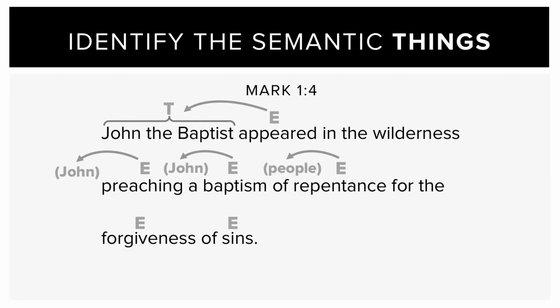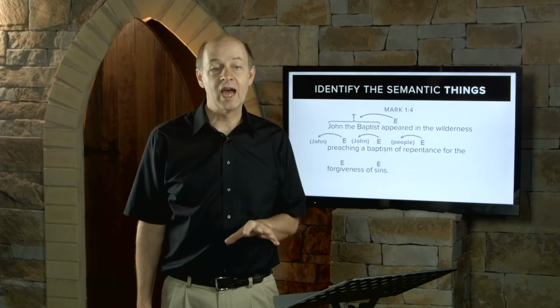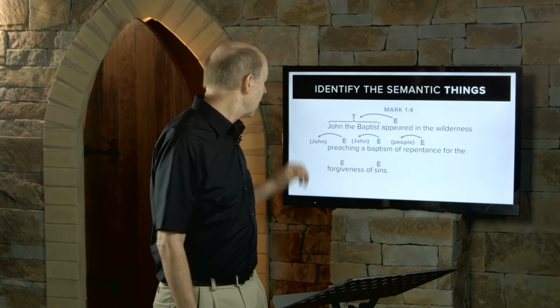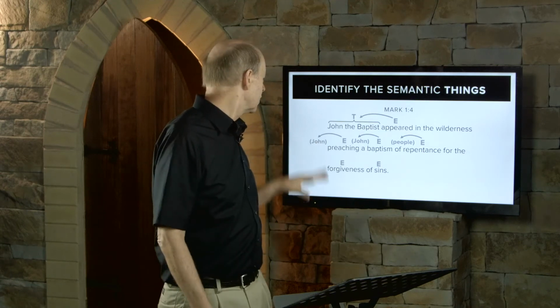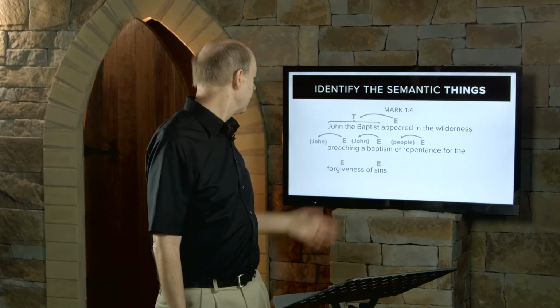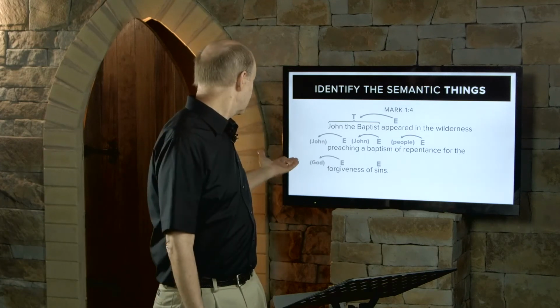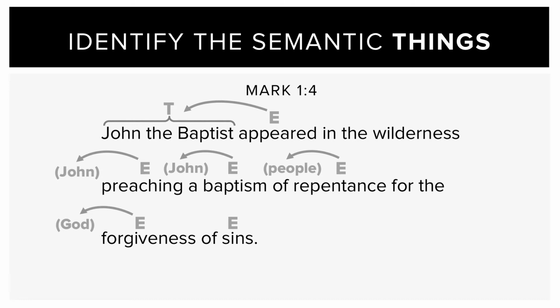Of course, people are the ones who repent. With many of these, the participants, the ones doing the action or to whom the action was done, are not stated explicitly. But when we rewrite these propositions, we would actually state them explicitly. Then, of course, the next event, forgiving: God is the one who forgives people, and people are the ones who sin.